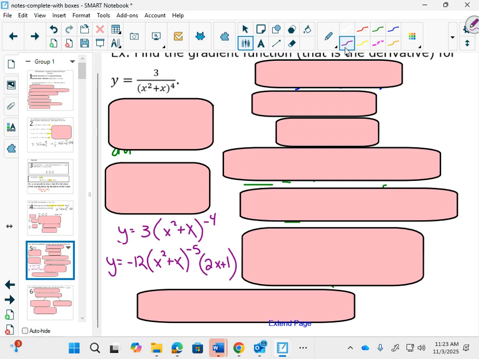That's as much work as you're going to show, and that's how you're going to do these most often. Recognize your outside function, recognize your inside function. Derivative of the outside, keeping the inside the same, multiply by the derivative of the inside.